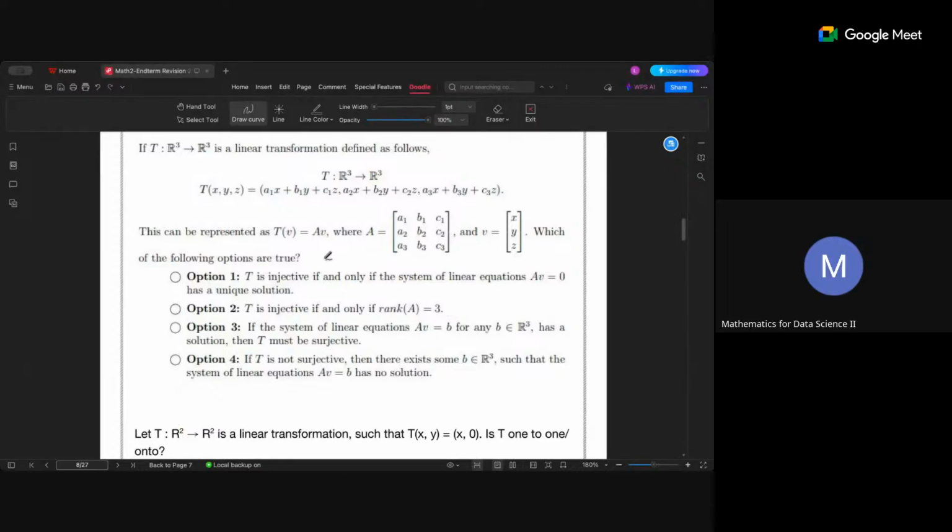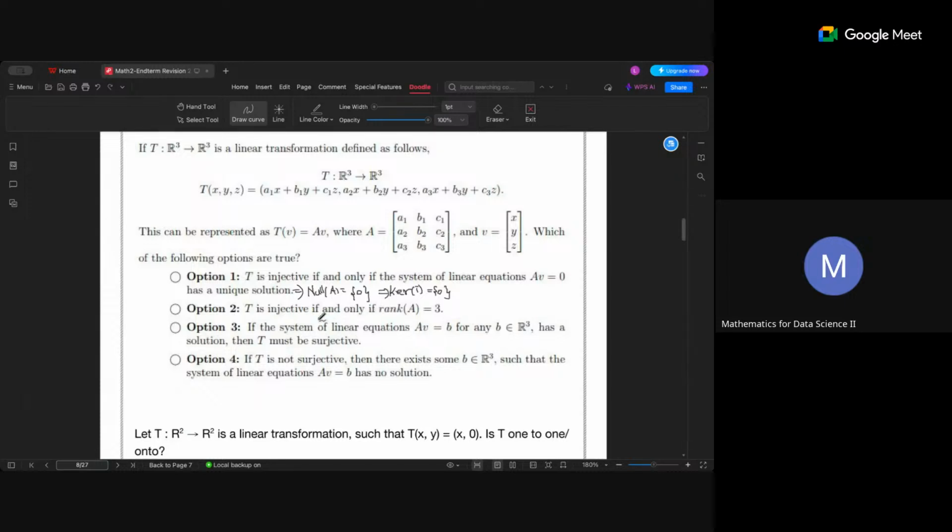In fact, if AV is equal to 0 has a unique solution, this means the null space of A is equal to 0. So it means your kernel of T is 0. So the transformation is one-one. Right? And T is injective. So nullity is 0. If nullity is 0, then rank must be 3.